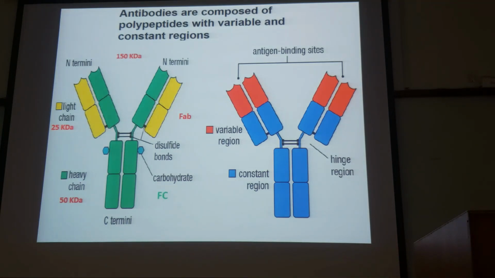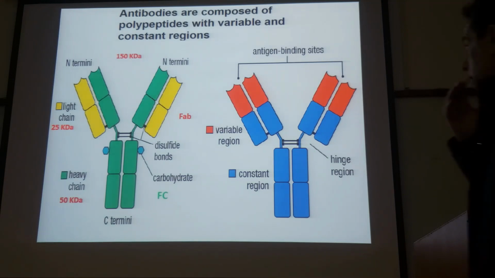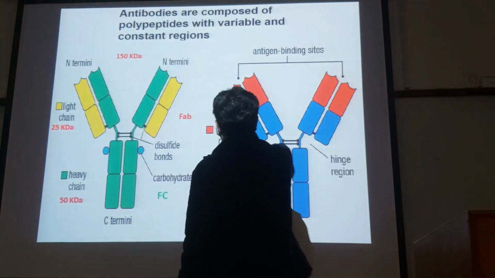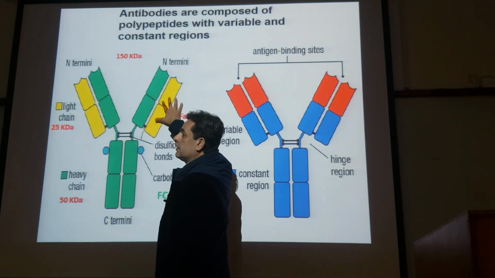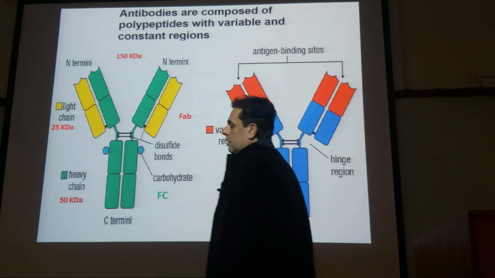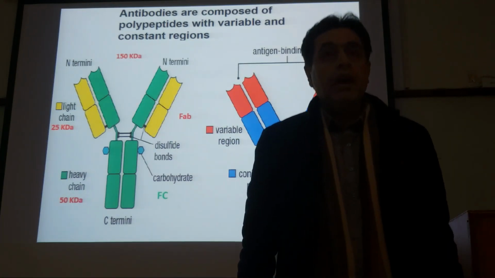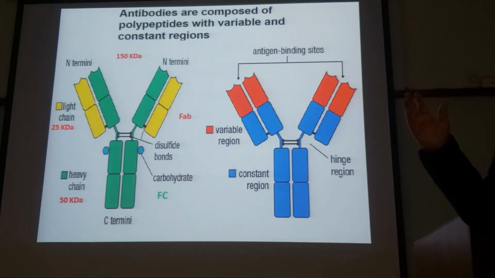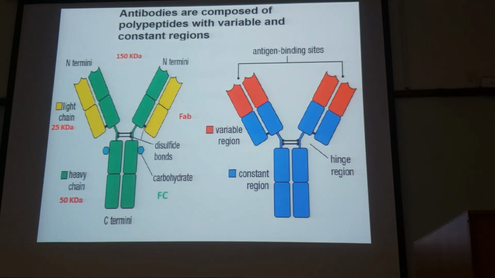And there are two very distinct regions. One region that binds the antigen is called the Fab region. Fab: F is for fragment and AB is for antigen binding.